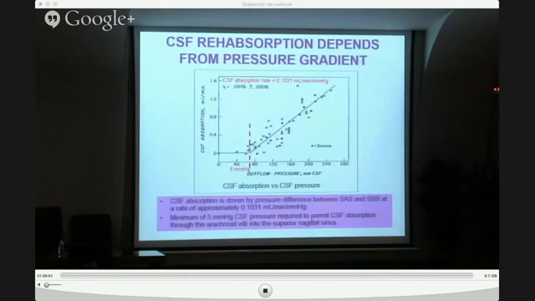CSF reabsorption depends exclusively on a pressure gradient. To have reabsorption, you need 5 millimeters of mercury of difference between the subarachnoid space and the dural sinuses. And the velocity of the reabsorption is 0.1 milliliter per minute for each millimeter of mercury of the gradient. Of course, if you have increased pressure in the dural sinuses, the reabsorption is lower.